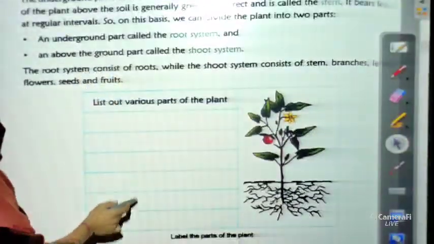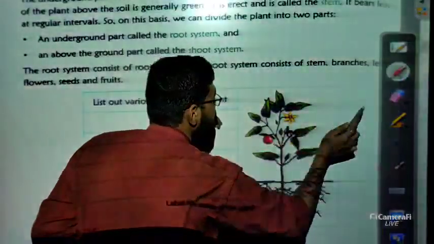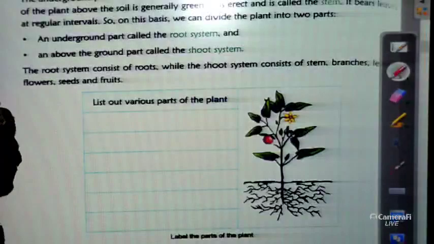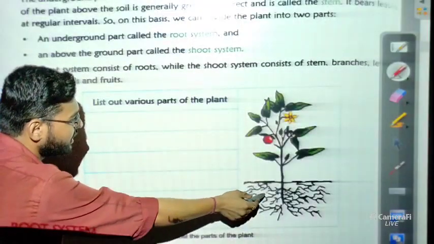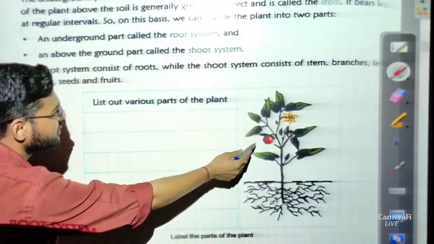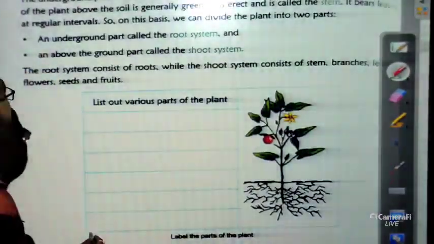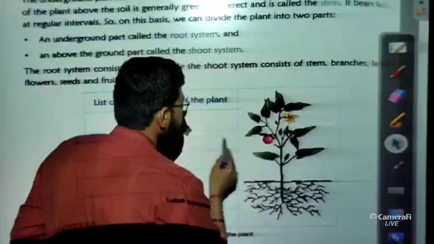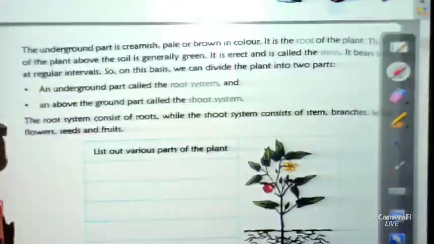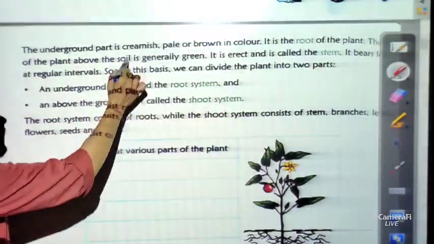Just have a look. This is the list of parts of the plant, so you can easily label which one is branches, which one is root, which one is fruit, which one is flower, which ones are leaves. The underground part is creamish.